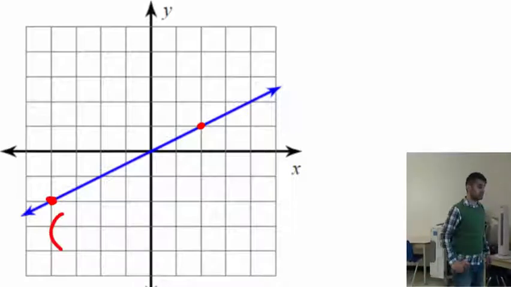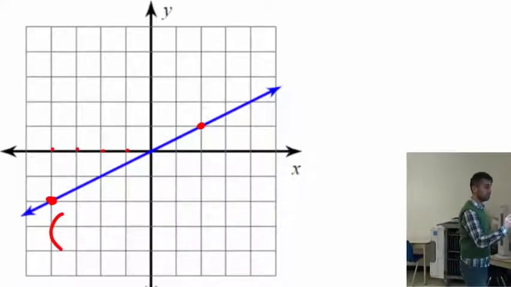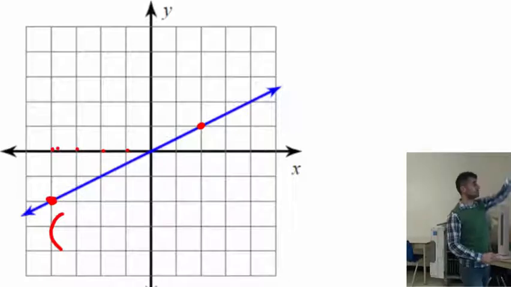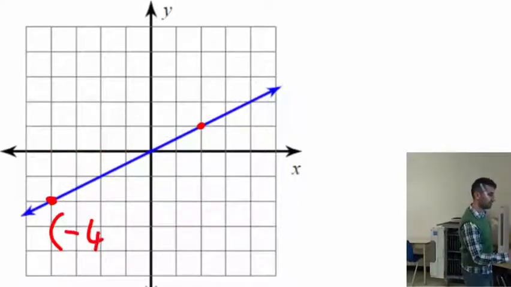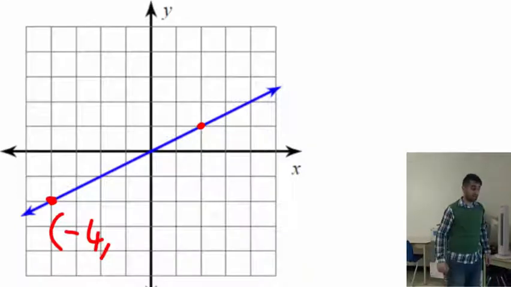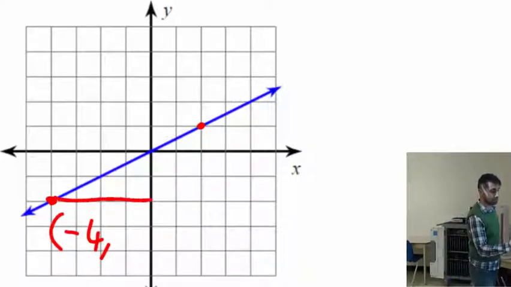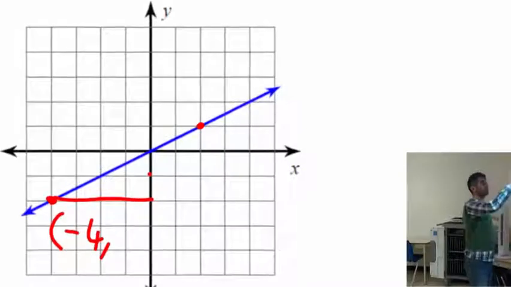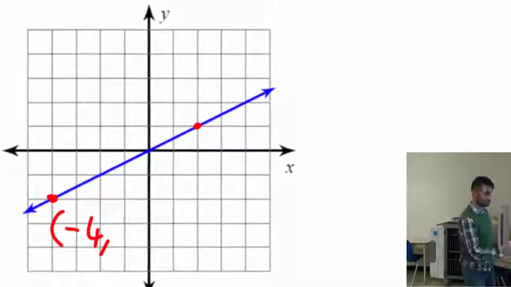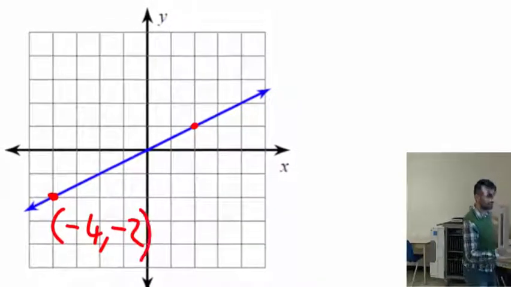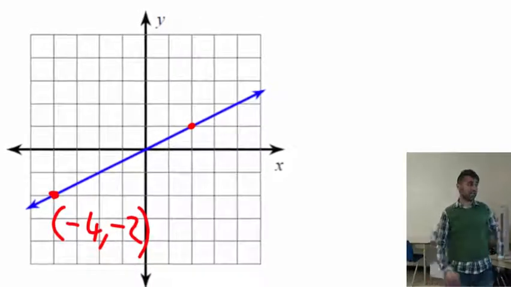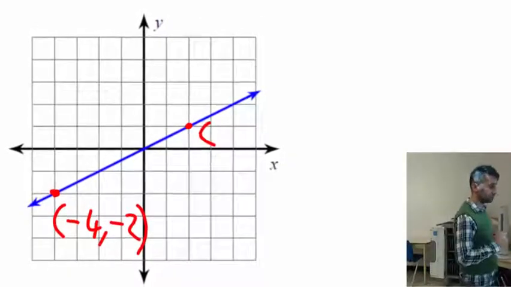So what is the coordinate here? Remember, x first, and that goes up here, which is 1, 2, 3, minus 4. Minus 4, comma, and then let's figure out the y. Y goes here, which is 1, 2, minus 2. How about that point?